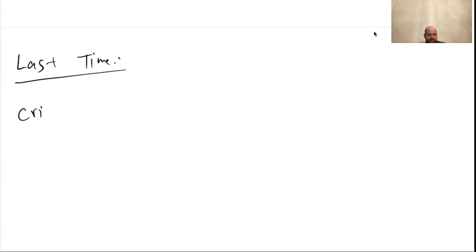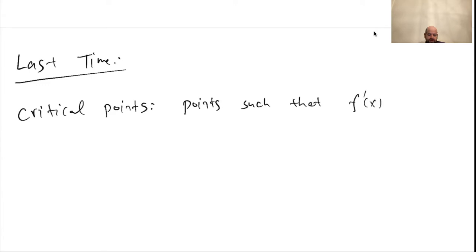Last time we saw the definition of critical points, which means the points such that f prime of x equals 0 or f prime of x does not exist.